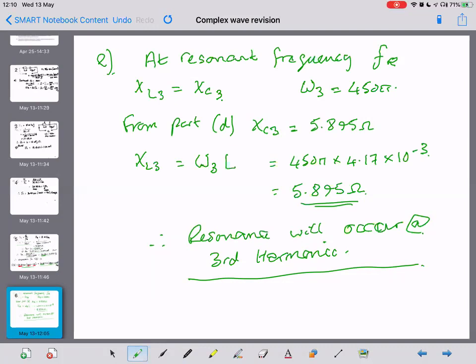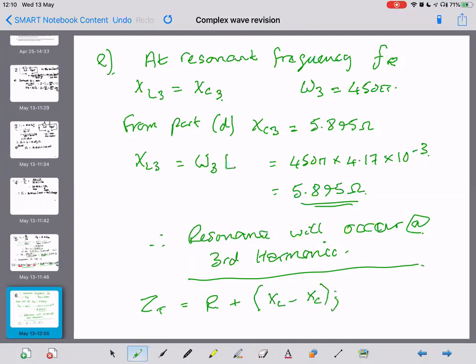It's that point where XL and XC work opposite each other because they have completely opposite angles. Remember your full impedance formula for a series RLC circuit is R plus XL minus XC j.